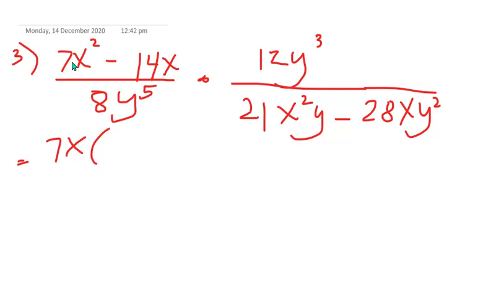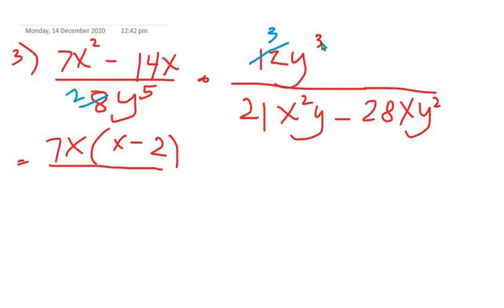And 7x squared divided by 7x is equal to x, minus 14x divided by 7x is equal to 2. So here we can now simplify by getting the GCF between 12 and 8. The common factor is 4. Then 12 divided by 4 is now 3, and 8 divided by 4 is 2.